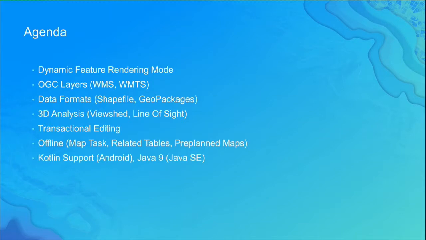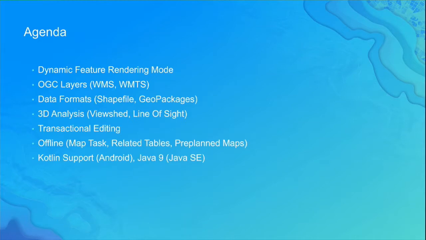We enhanced that. We also now support the OGC layers, WMS, WMTS, geo packages as well. We'll see that. We also support the Shapefiles. We'll see those. And there's analysis support that we added for 3D that includes view shed and line of sight.